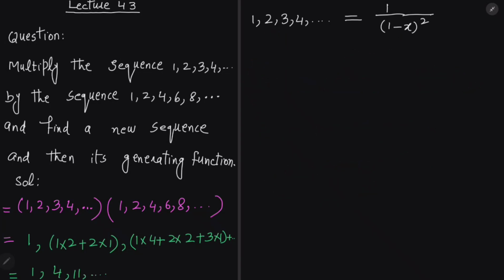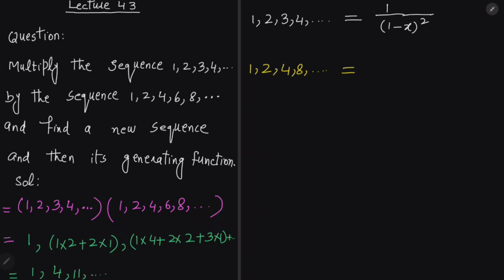So we have the generating function for this sequence, and the generating function for the second sequence is 1, 2, 4, 8.